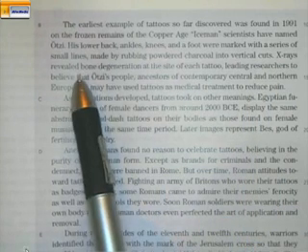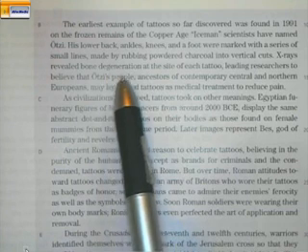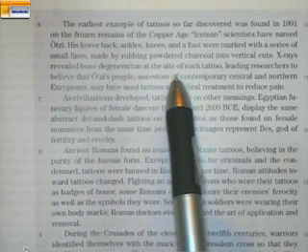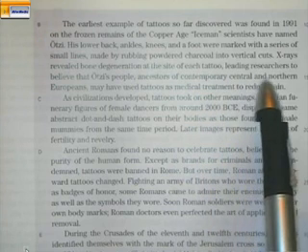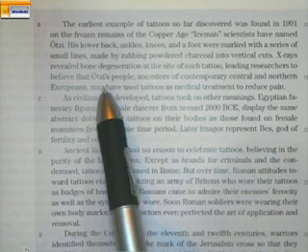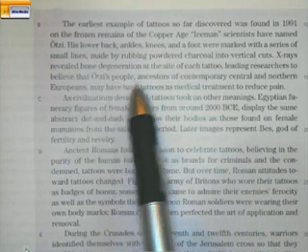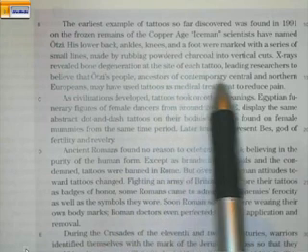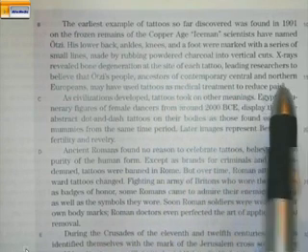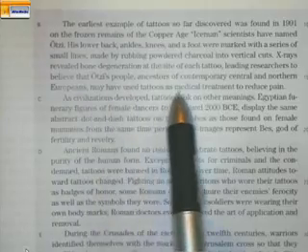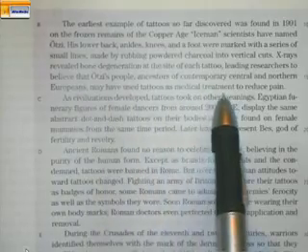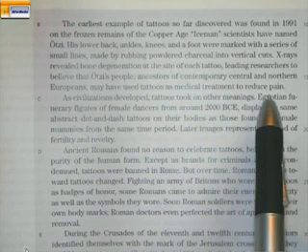X-rays revealed bone degeneration at the site of each tattoo, leading researchers to believe that Otzi's people, ancestors of contemporary Central and Northern Europeans, may have used tattoos as medical treatment to reduce pain.